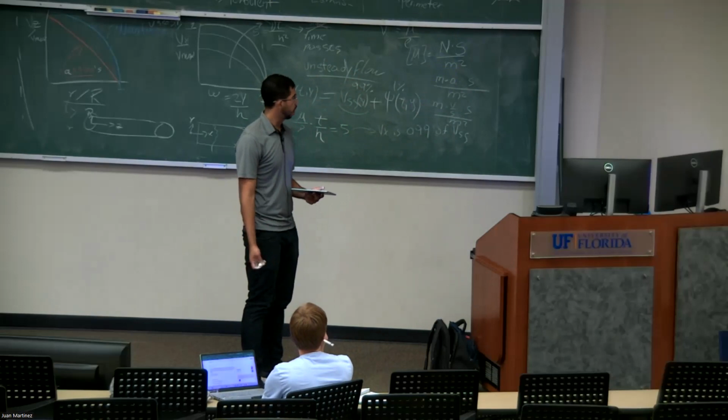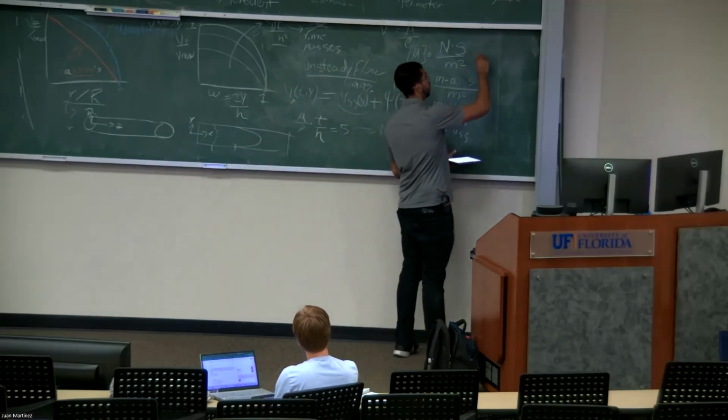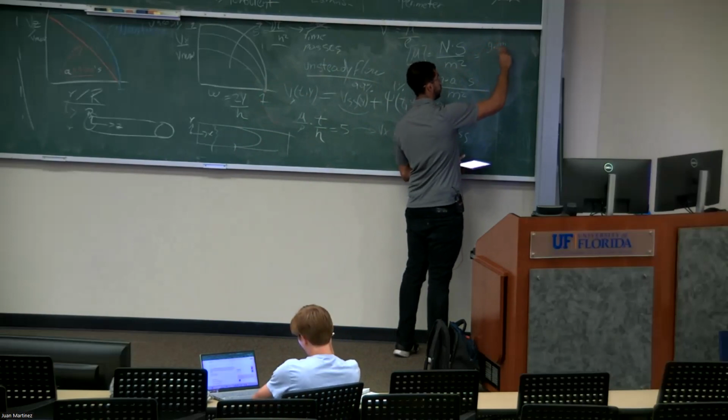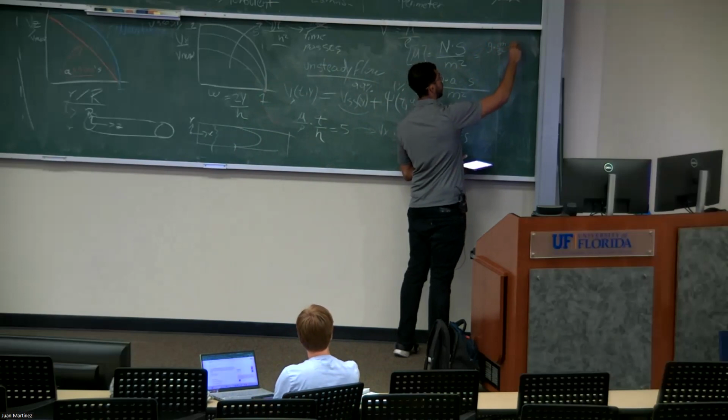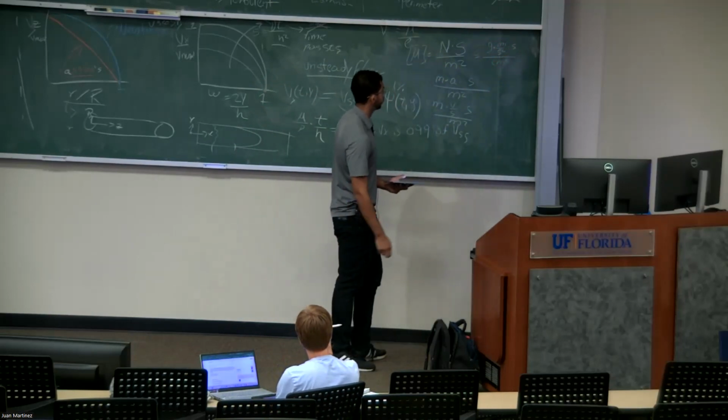So in our case it would be grams times centimeters over second squared times centimeters, so they cancel out, over centimeters squared, something like that.